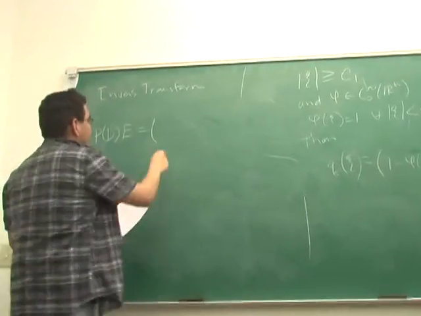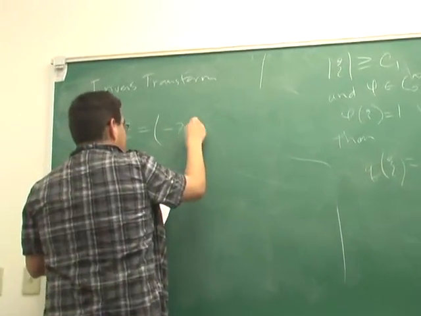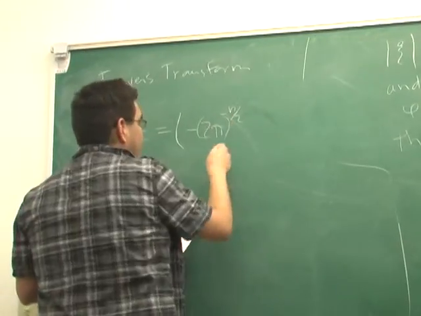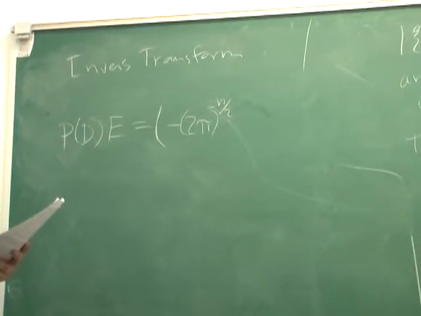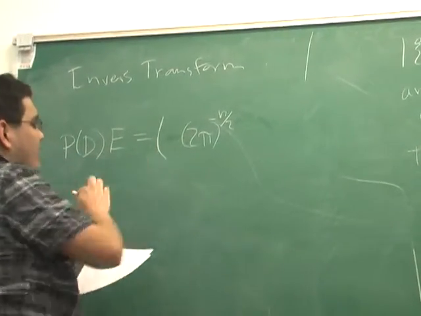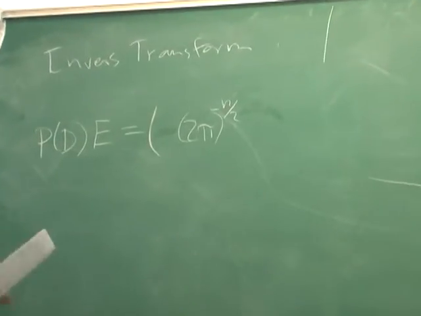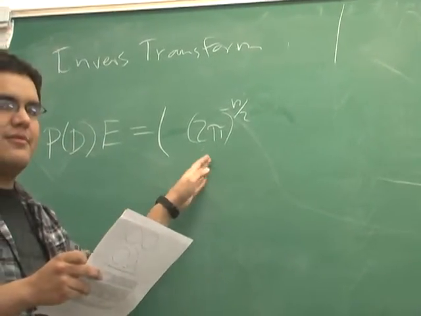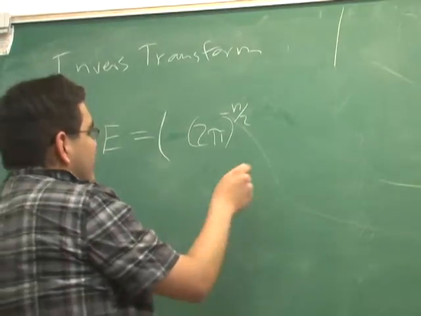Isn't the inverse transform just 2 pi over 2? Why did you put negative there? Oh, okay. So the transform of this would be the delta function. Yeah, so we get the delta function from this.